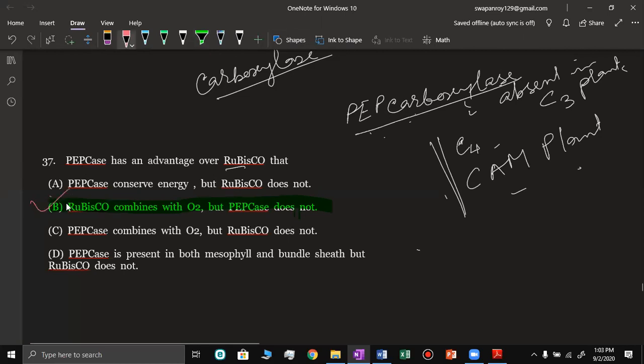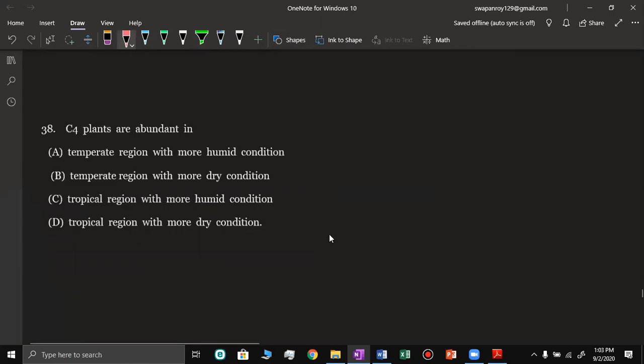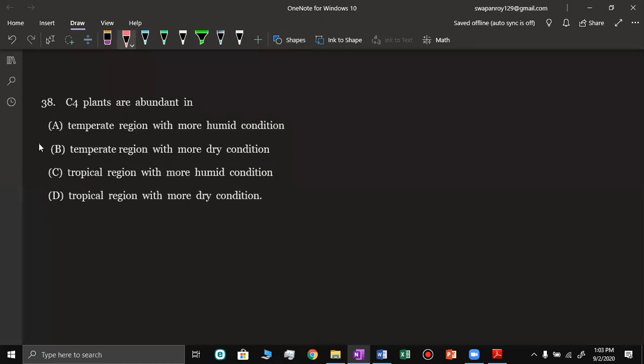So this is the advantage, and due to this, the C4 plant has an advantage in the temperate region, more humid condition, temperate region with more dry condition. Sorry, not the temperate, it is the tropical region.